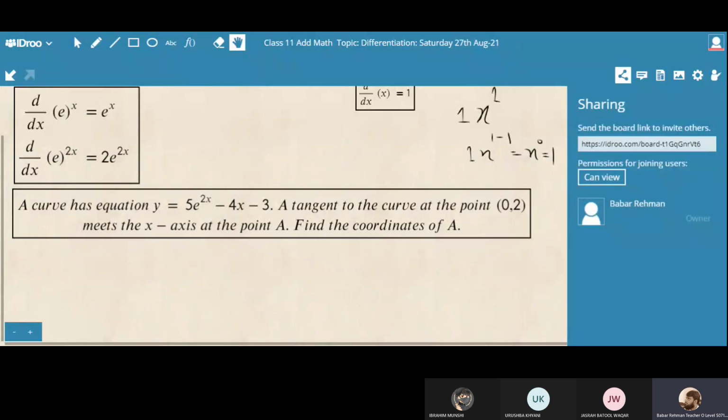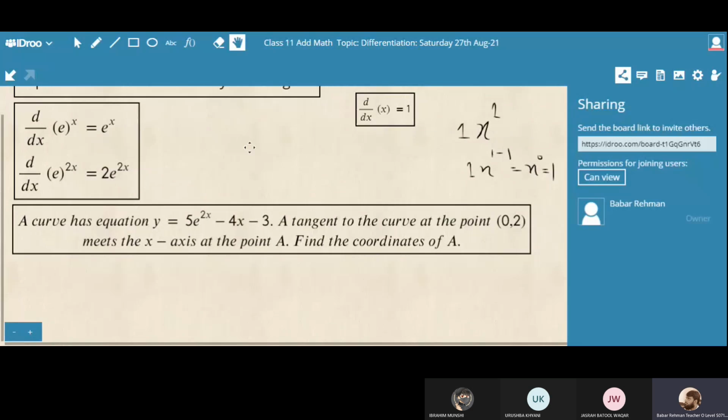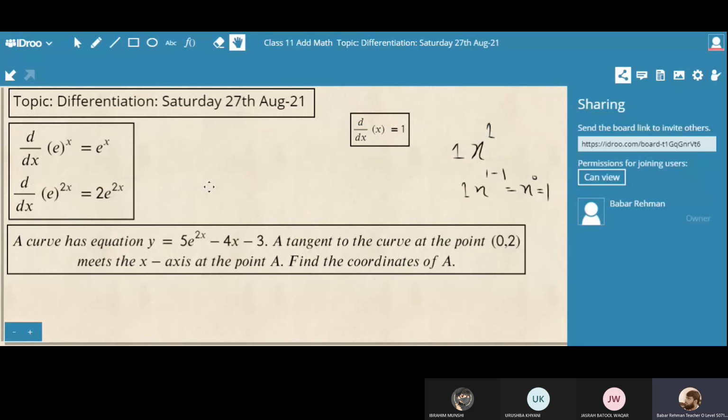Yes, Ibrahim Munshi, welcome to the class. Kindly note down from previous lessons on differentiation that d by dx of e power x is e power x, and d by dx of e power 2x is 2e power 2x, because the derivative of the exponential function is the same, e power 2x, but after that we multiply by the derivative of the power.